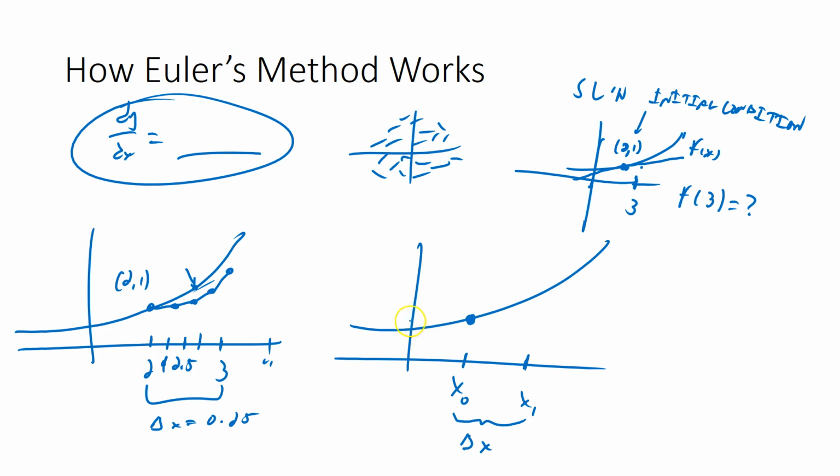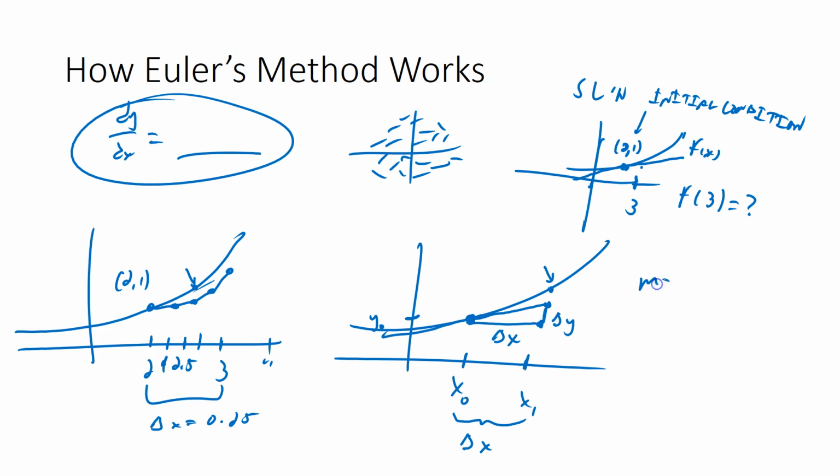And then what you want to know is how much the y changes. So we have y initial, and we want to know how much the y changes. If we use a tangent line, we're creating this triangle right here. Delta x is the bottom of this triangle, and I want to know what delta y is. It's not the actual value, right? The actual value is up here on the curve, but I can find it by using the slope of that tangent line.